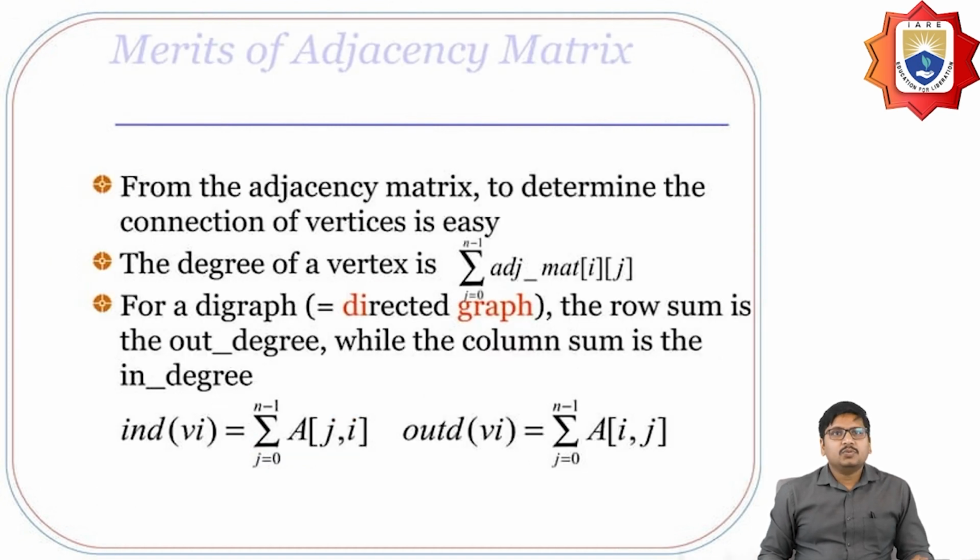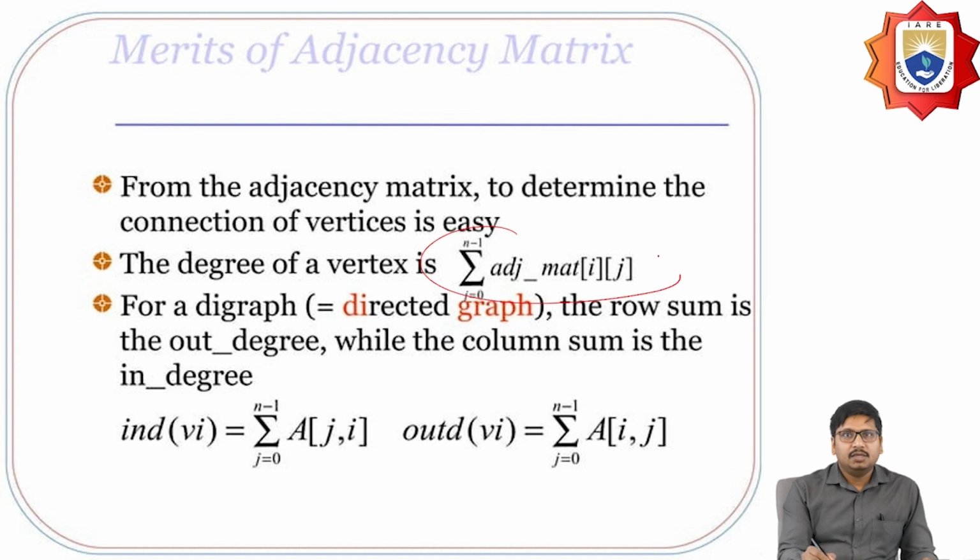So what metrics do we have to follow in the adjacency matrix? For the adjacency matrix, we have to determine the connections of vertices. That should be easy. The degree of the vertex should be written in the form of a matrix. For the digraph, the row sum is the out degree while the column sum is the in degree.